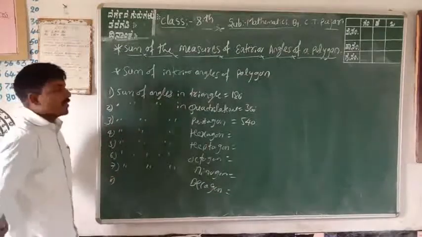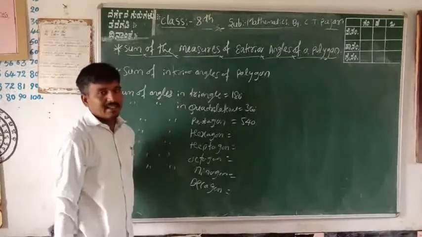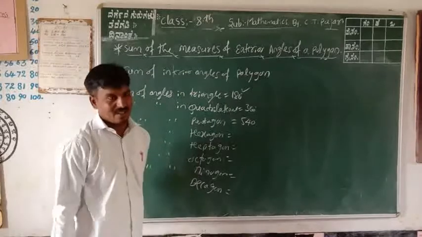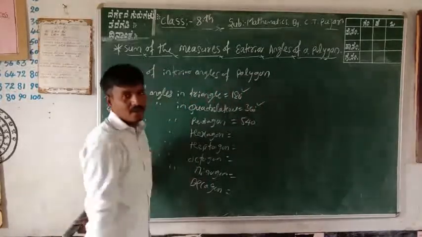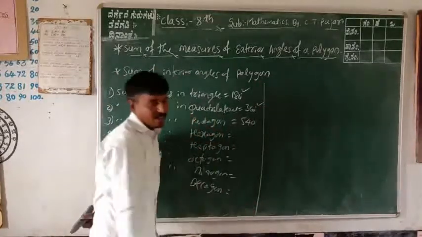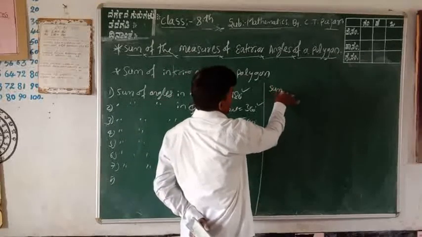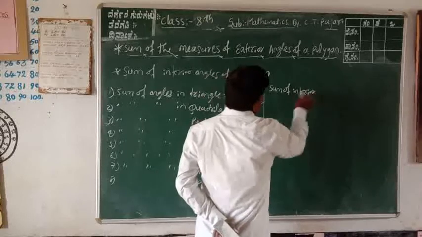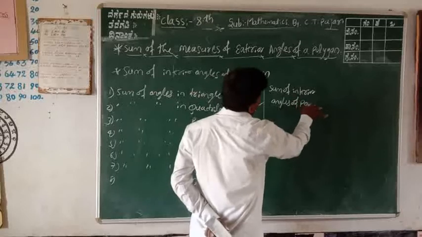How can you find the sum of all interior angles? In a triangle, the sum of three angles is equal to 180 degrees, and sum of four angles is equal to 360 degrees. How? Dear students, one very important formula is the sum of interior angles of a polygon.